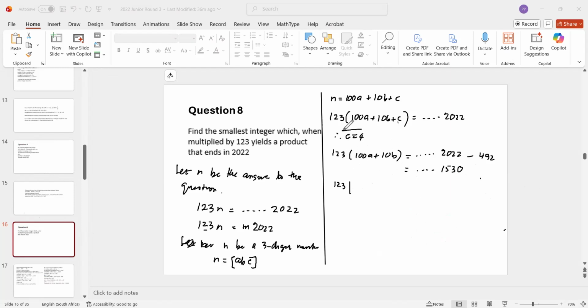I need to find n, right? So this last digit here is 4. We just got that. Now, 123 into 10a plus b, if I divide, so then I got 123 times 10a.